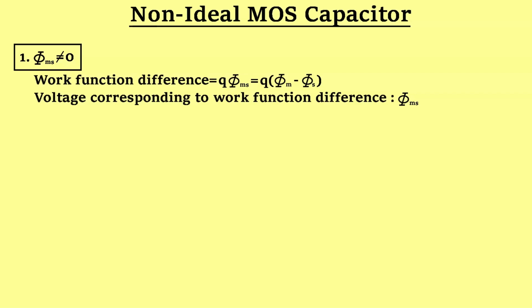However, when an external voltage is also applied, there is no movement of charge carriers and there is no bending in energy bands, so our condition of flat band is achieved. The conclusion of our first case is, if the metal to semiconductor work function difference is not equal to 0, then we have to apply the same voltage at the gate terminal for achieving the flat band condition.